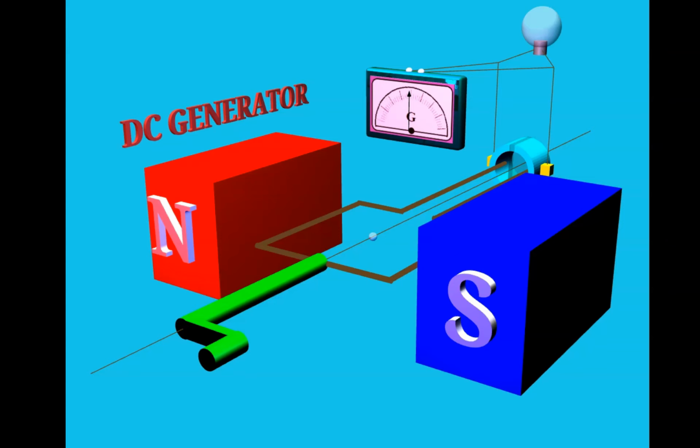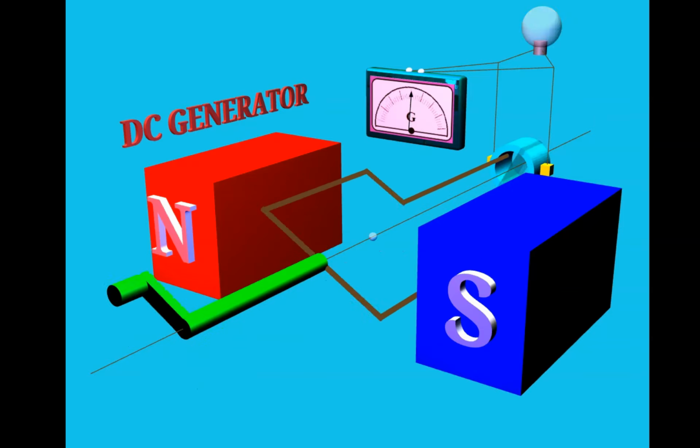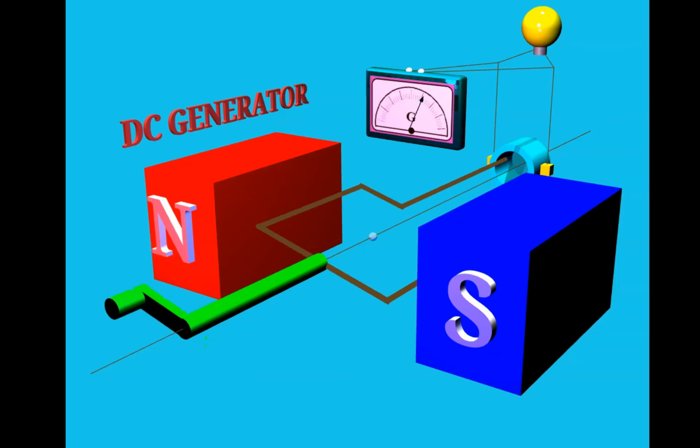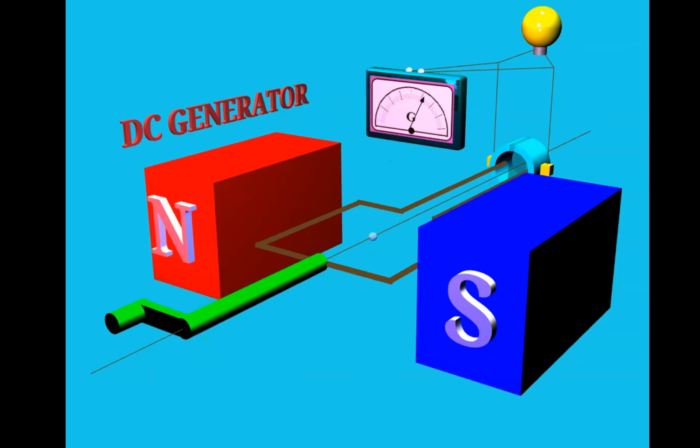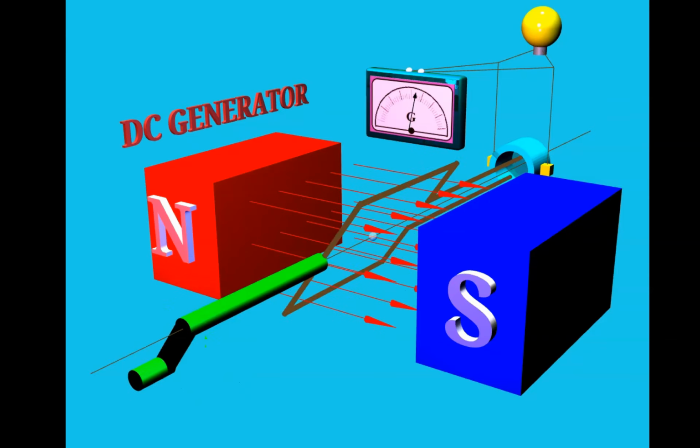Now you see, this is another part. We can talk of electric motor. We can also be tested on DC generator. Now you see, we have a magnet, we have a bulb somewhere there. So if we happen to rotate this loop, the loop is going to cut across the magnetic fields. As it rotates, it will be cutting across the magnetic field.